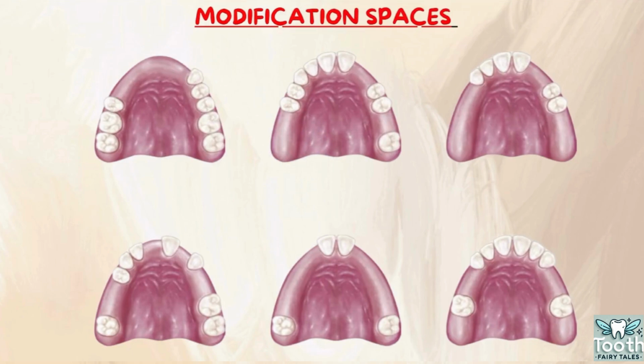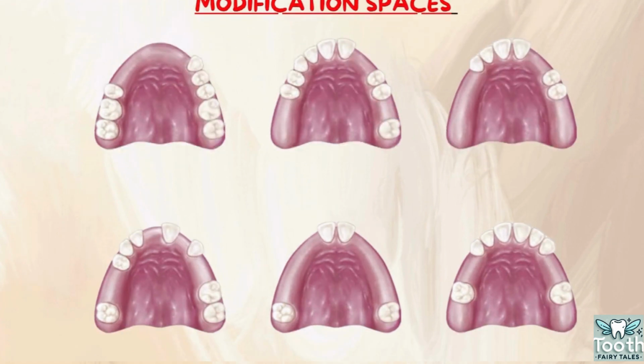And the spaces which are present, the second and third space, are considered as additional spaces, and these additional spaces are known as modification spaces. So we are only considering the number of modification spaces. This is number 1 and this is number 2.